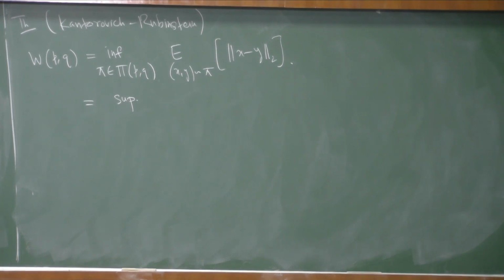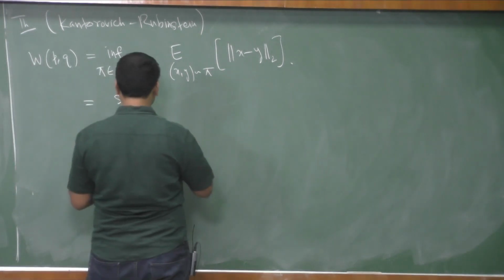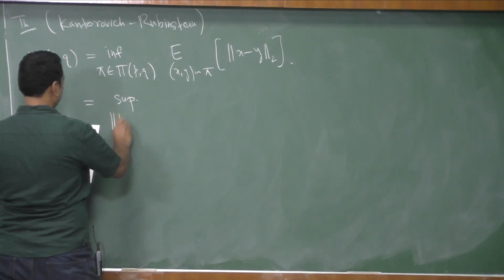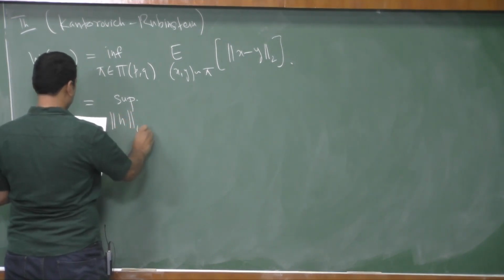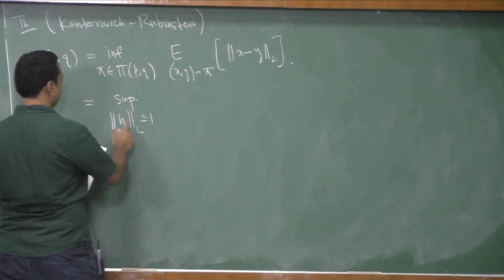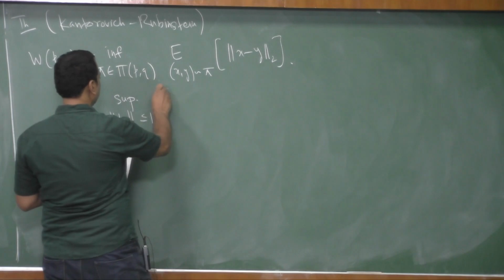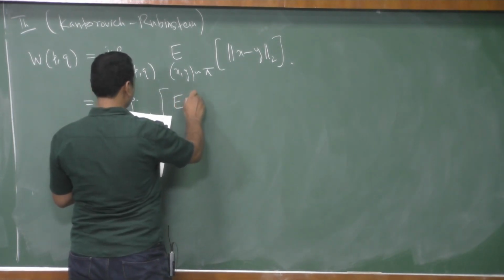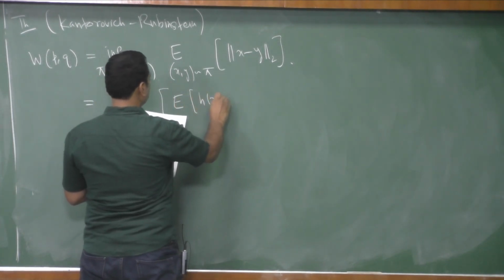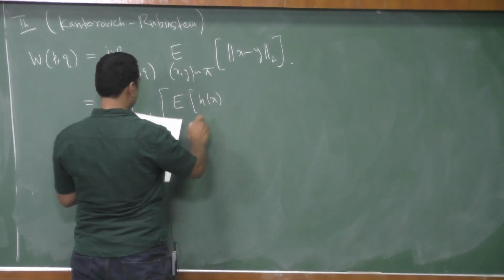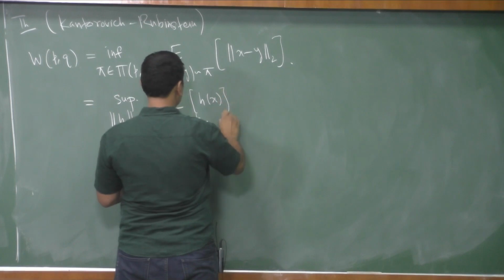So the supremum over ||h||_L less than or equal to 1, which denotes the one-Lipschitz continuity of the functions h, and then the expectation of h(x). These h(x) are the variations we are looking for. In the previous one it was T.